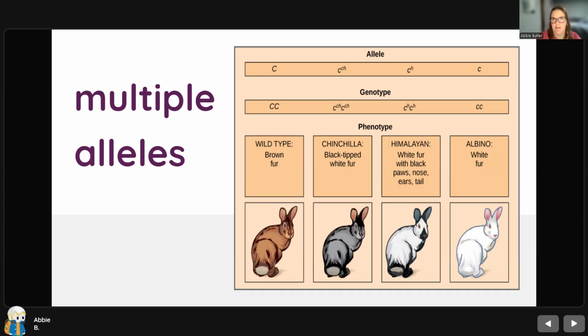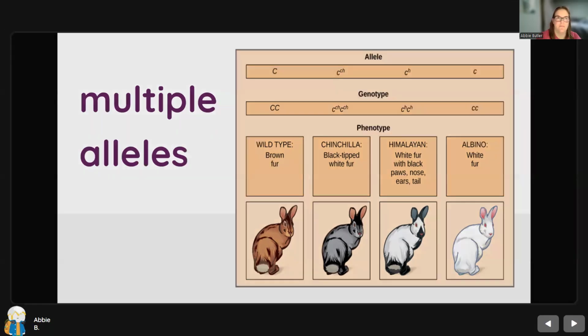And then C with the superscript CH is dominant over the Himalayan, it's dominant over the albino. So it could say CCH and then CH or CCH and little c, and it'd still show chinchilla and so forth. So the Himalayan is dominant over the albino, but it's not dominant over wild type or chinchilla.